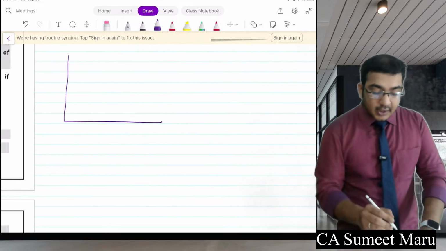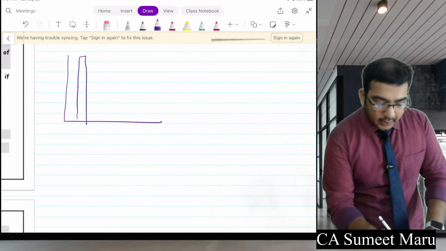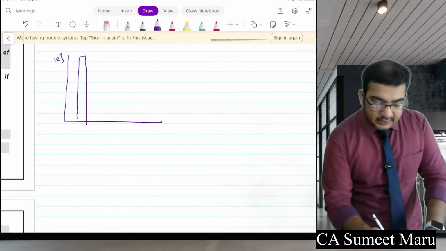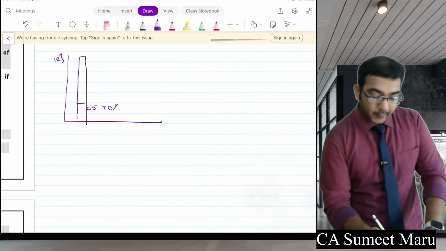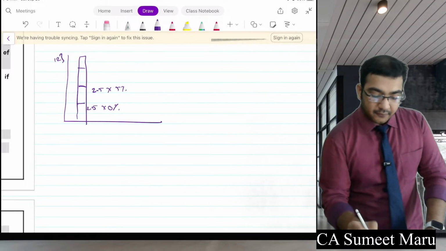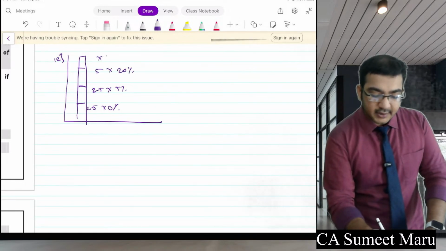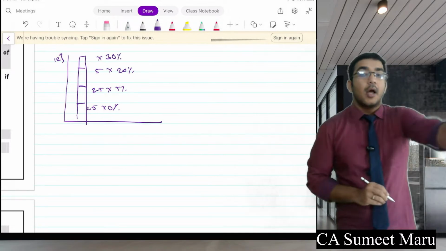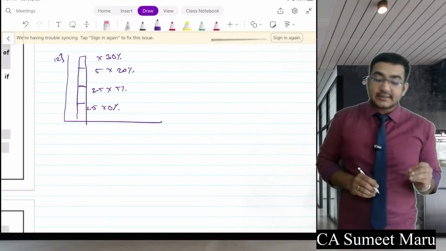See what happens when we have learned that the total income was 12 lakhs. We have learned 0 to 2.5 lakh tax is 0%, 2.5 to 5 lakh tax is 5%, 5 to 10 lakhs the tax is 20%, and above this it is 30%. Now, when agriculture income is there, what happens?